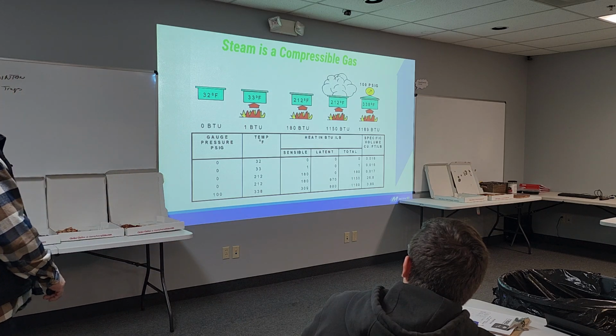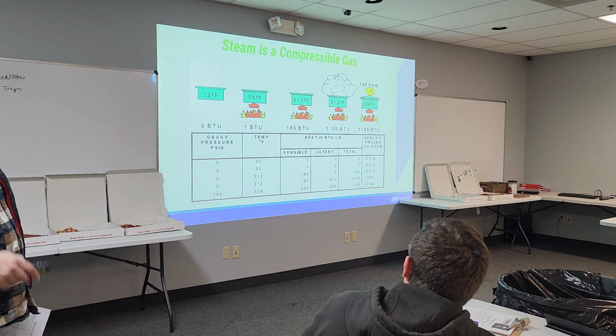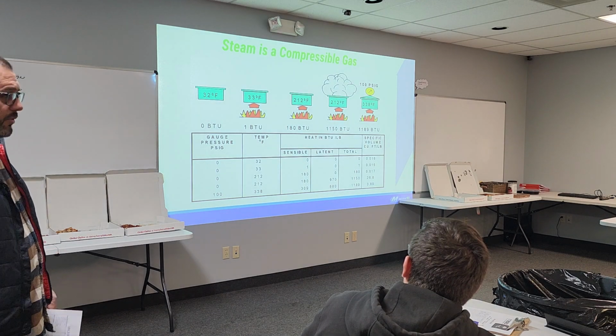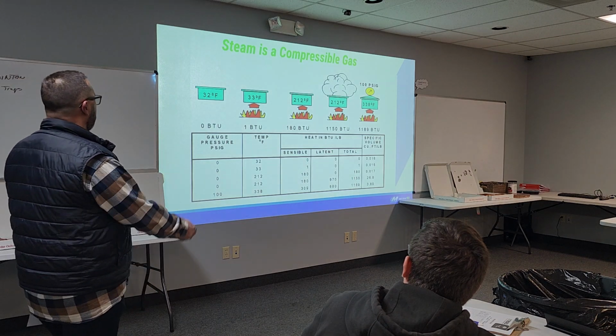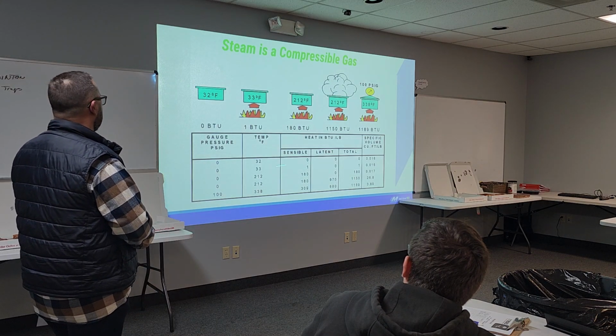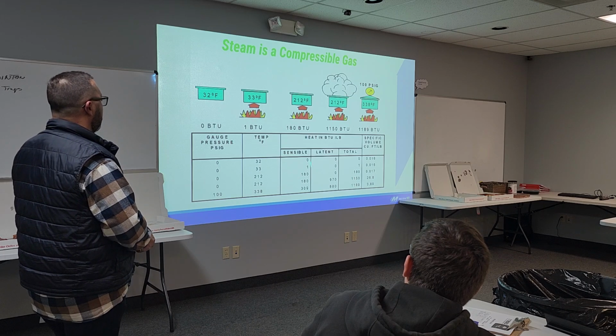And then we're going to return it. After it gives up its latent heat, it goes back as condensate. We want to send that back to the DA, back to the feed water, and reuse that. But again, the importance of this slide is relative to volume and latent heat.